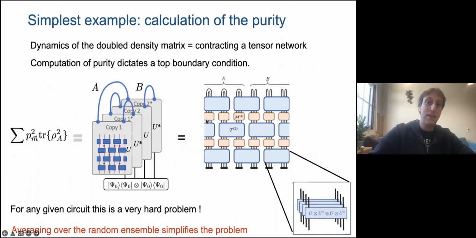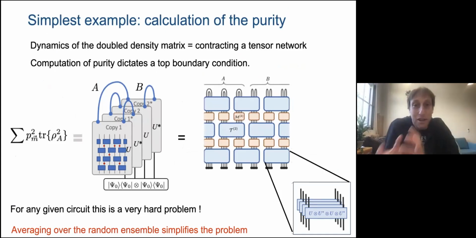The contraction of the tensor network has some free internal parameters, or variables, associated with it, and you have to sum over all their possible configurations, and that is what gives you a statistical mechanics model. Now, the problem is that this statistical mechanics model is not one stat mech model.